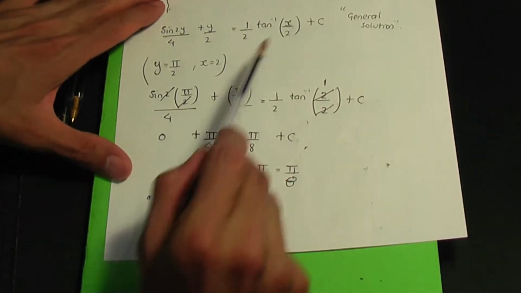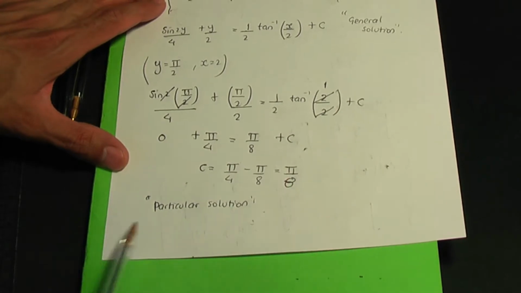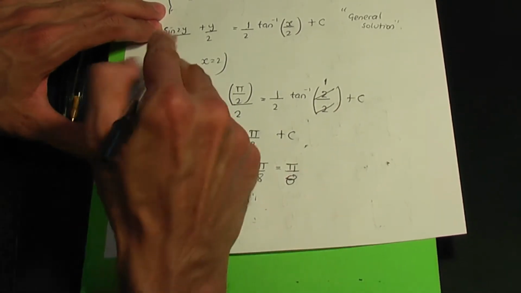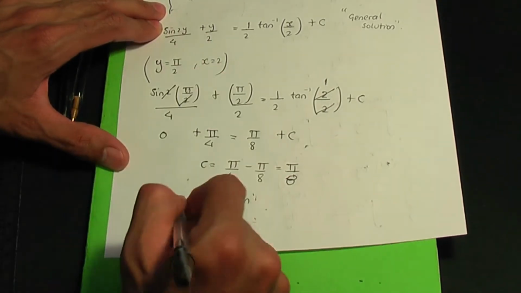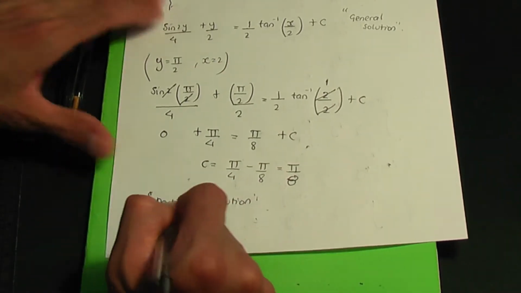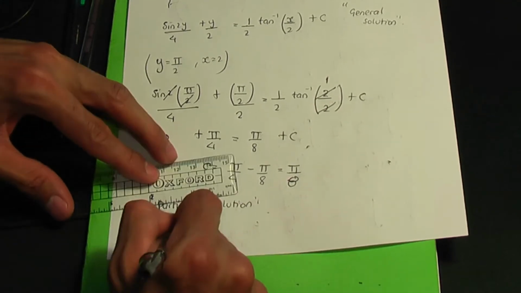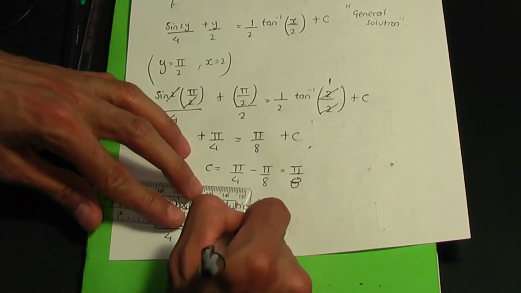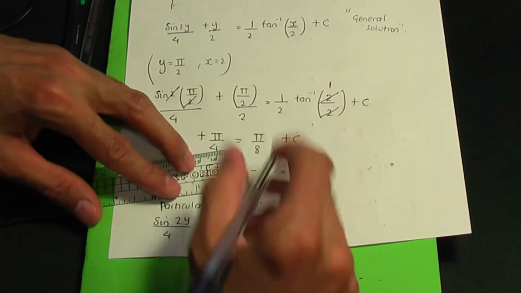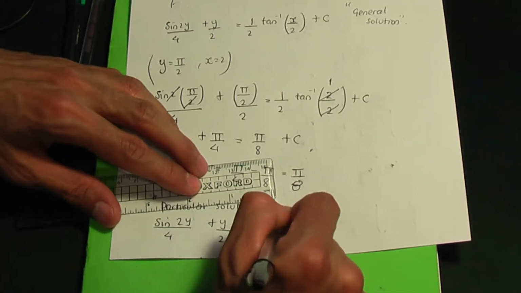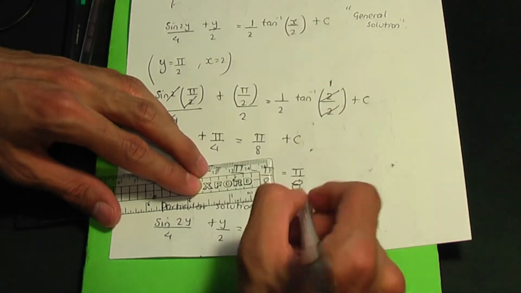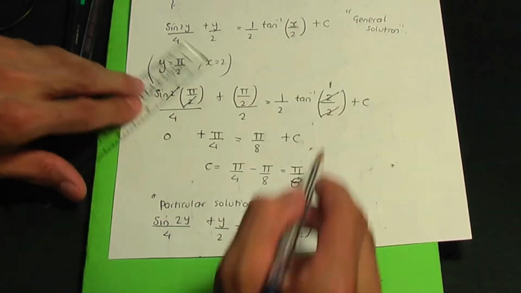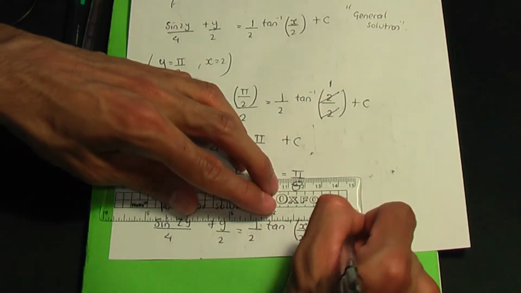So in this case, if I replace the c by pi over 8, our particular solution will then be sine 2y over 4 plus y over 2 is equal to 1 over 2 tan inverse x over 2 plus c, and c we found as pi over 8.